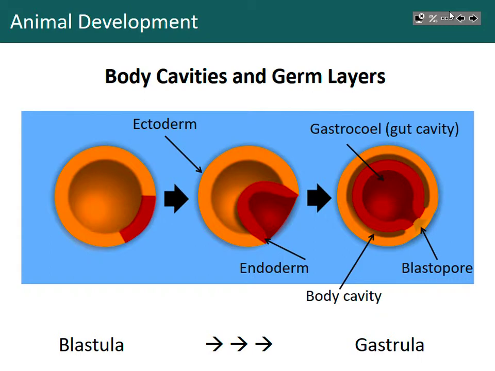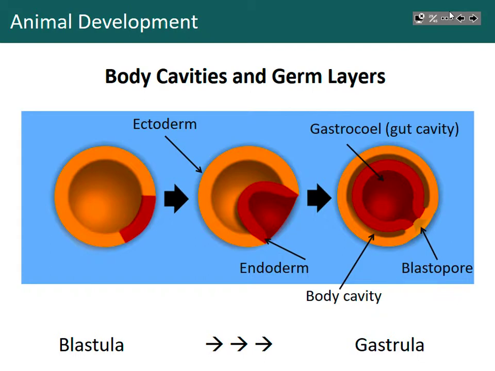We've got this opening. And then our blastula, as it starts to move towards the gastrula stage, a section of those cells in the blastula are going to begin to become the endoderm. And they're going to push in and begin to line our little blastula. That process is going to now create two separate layers.